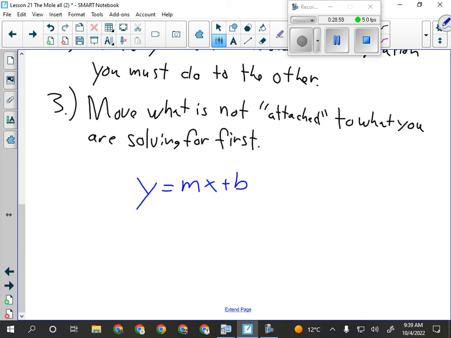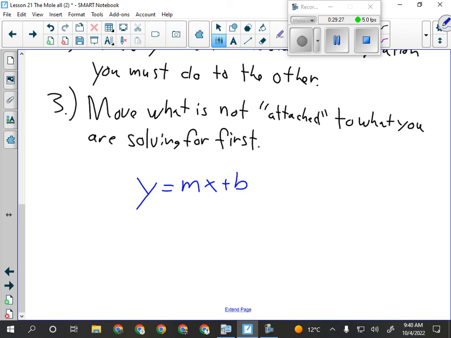What should I move first? In this equation, what's not attached to m? B. Okay? B is not attached to m. X is attached to m. Okay? So, what am I doing with b right now?